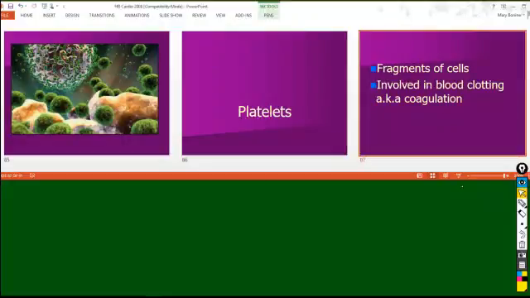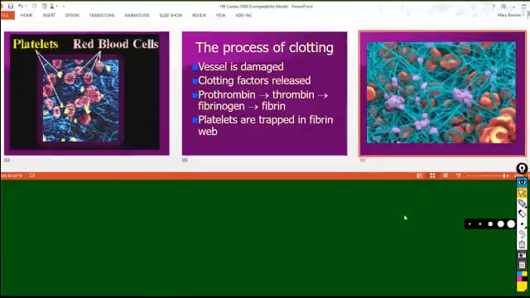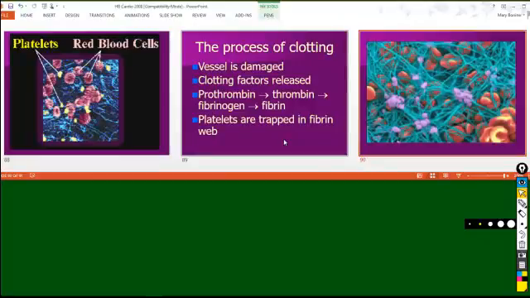Last but not least, we have the platelets. These are fragments of cells that help our vessels and blood to clot when there's damage. There's actually kind of a small scale clotting process and a large scale clotting process. So the small scale version is just called platelet plug formation.